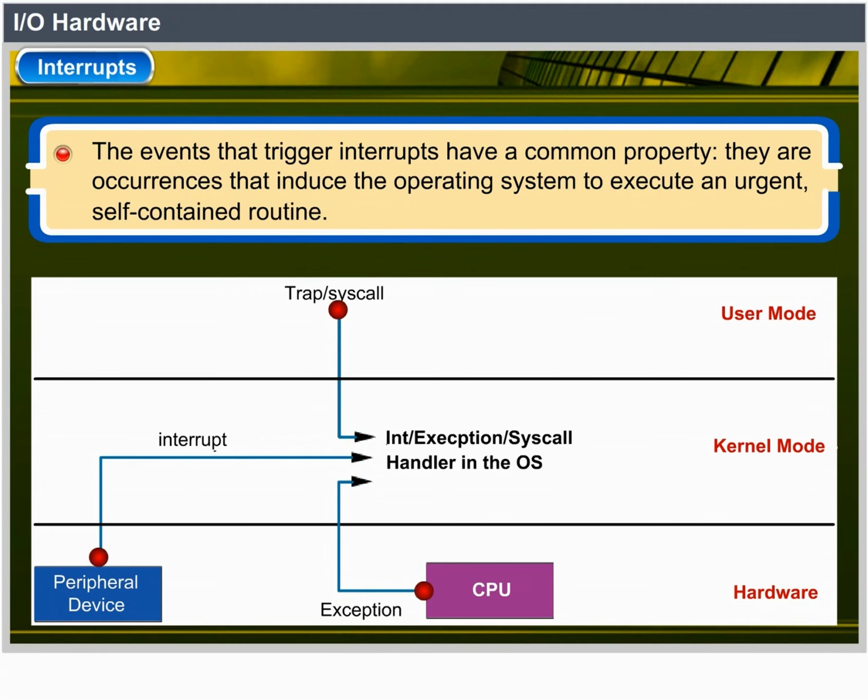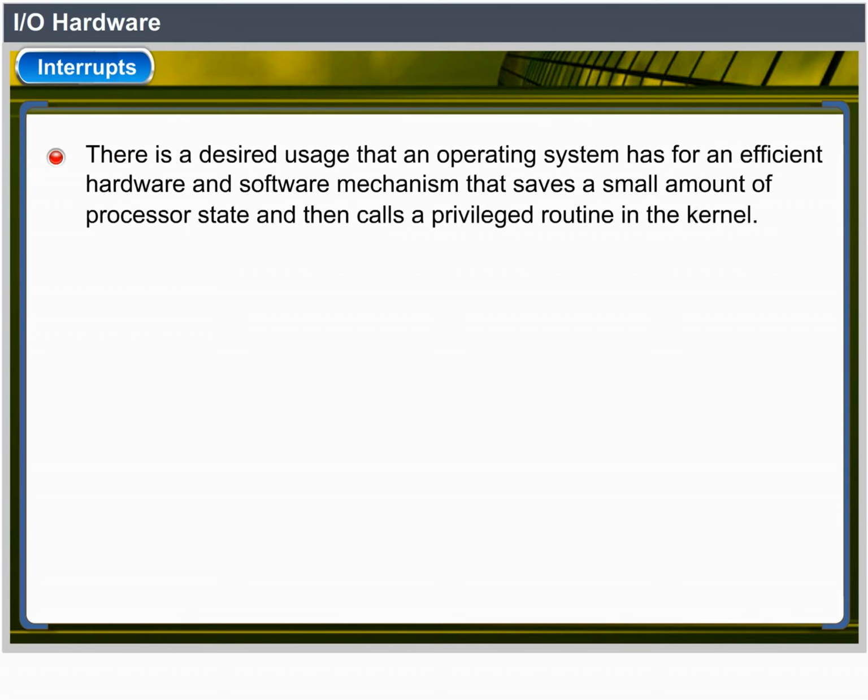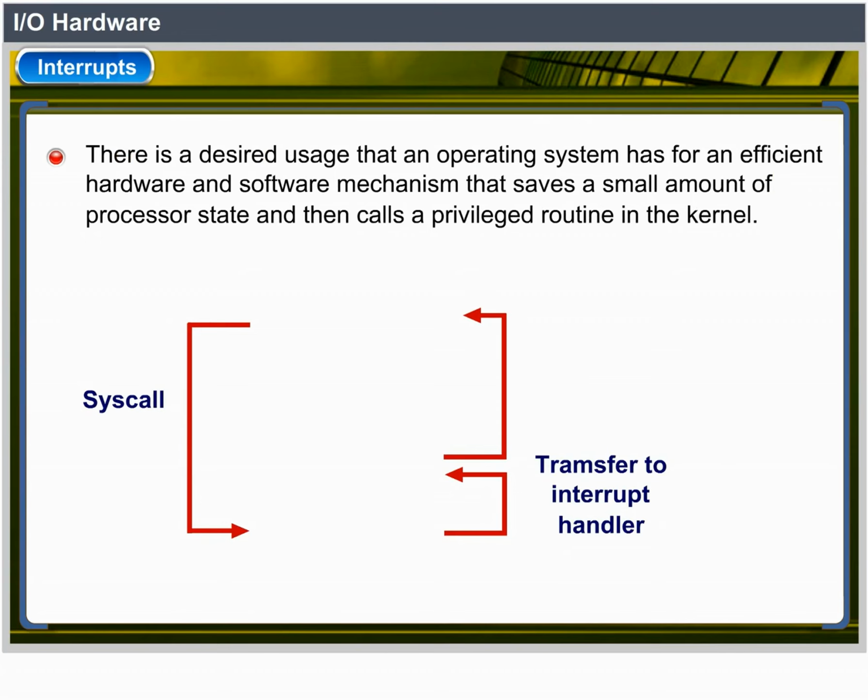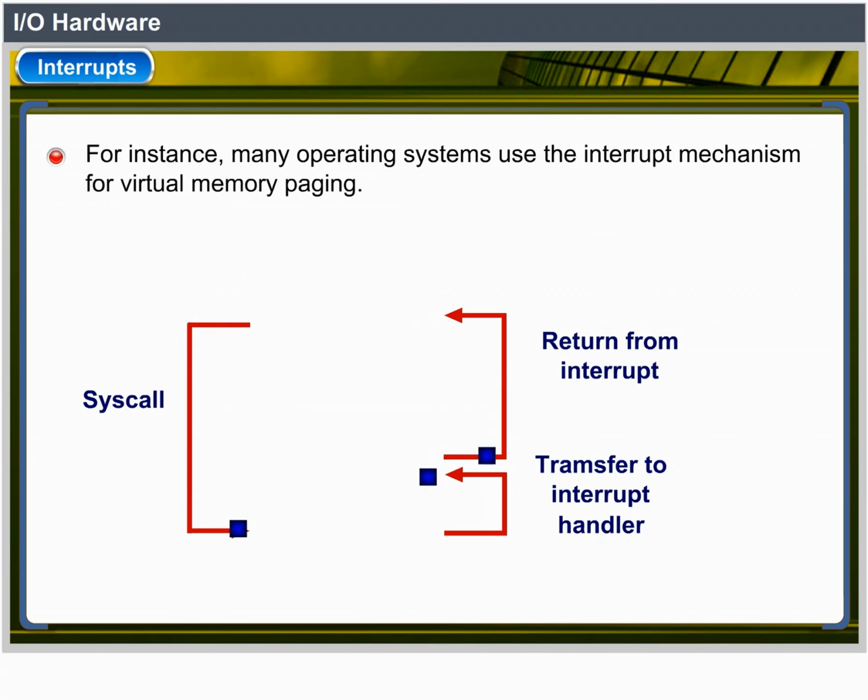An operating system has other good uses for an efficient hardware and software mechanism that saves a small amount of processor state and then calls a privileged routine in the kernel. For example, many operating systems use the interrupt mechanism for virtual memory paging. A page fault is an execution that raises an interrupt.